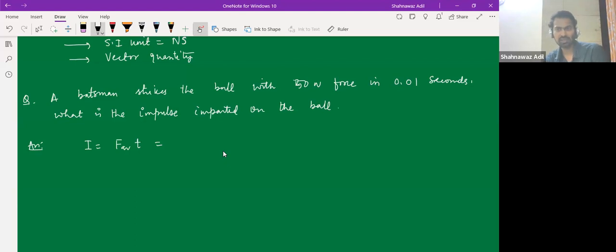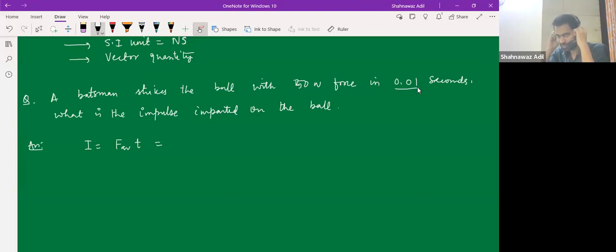So you see that it is for a very short duration, right? What is the impulse you guys got? This is a straightforward calculation.